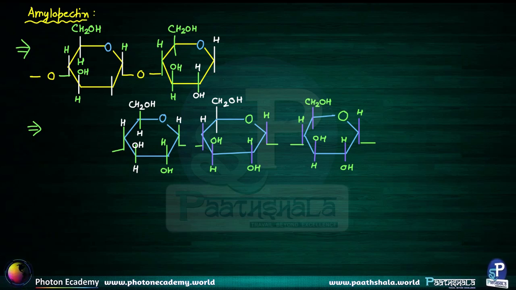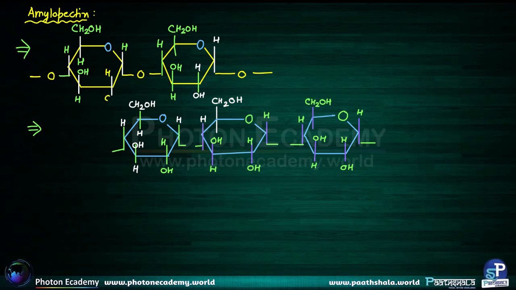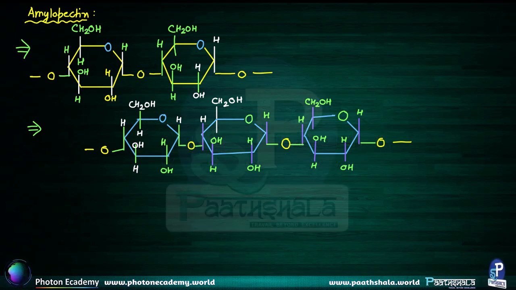Let us draw the amylose in a second row also, and it looks something like this. We know this is amylose because there is presence of alpha D glucose all over the place, and we can see that they are combined with glycosidic linkages existing between C1 and C4 carbon of both the amylose. Now we have drawn amylose in these two rows.